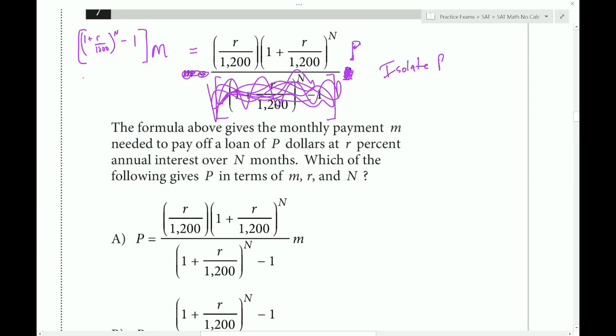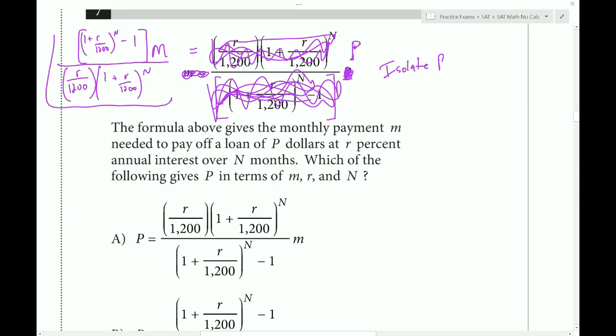Okay, so we get R over 1200. Right, that's a factor. And similarly, the other factor also moves diagonally down to the bottom of the other side of the equation. So we end up with 1 plus R over 1200, all to the power n. Okay, so we've effectively moved these to the other side, and therefore we've effectively isolated P. And this is going to be our result.